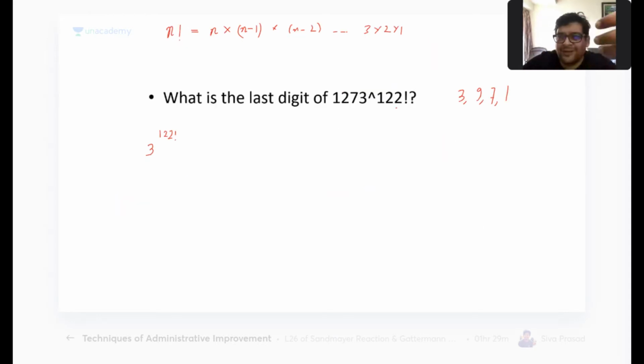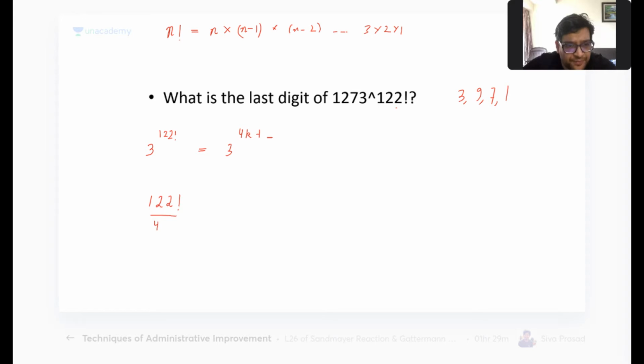If you're thinking beyond this, then you are essentially making a mistake. So now since you have 3 to the power of 122 factorial, that is what you are trying to find out. So this is 3 to the power of a multiple of 4 plus something. So the question effectively that you are trying to answer is 122 factorial.